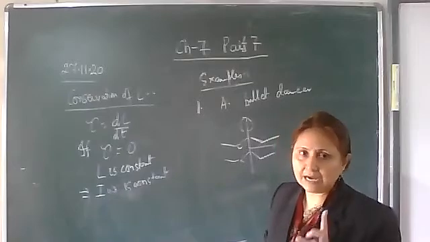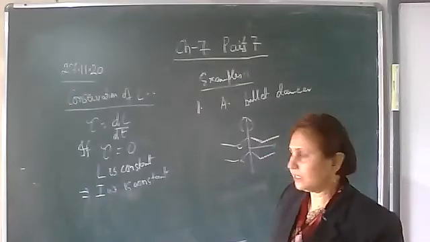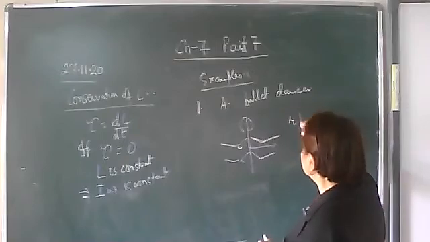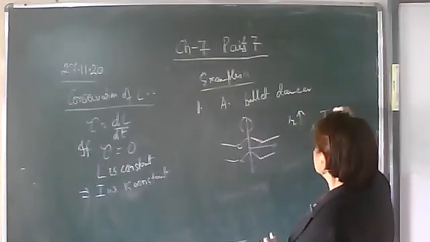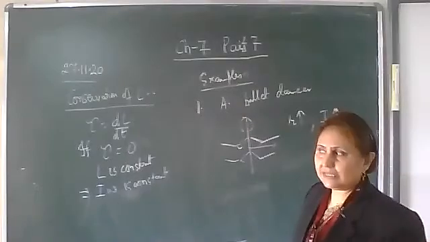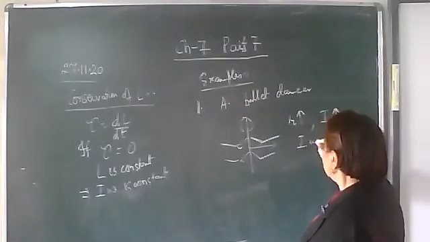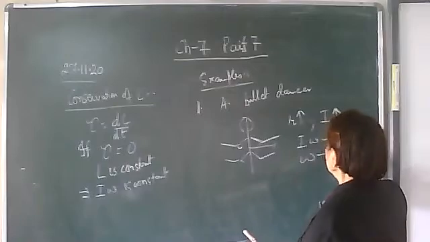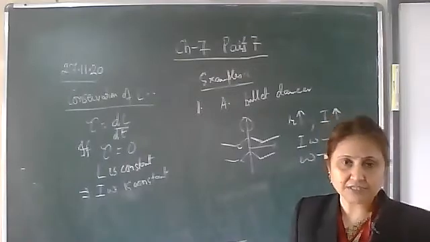So the moment of inertia, I equals summation of m r square, increases. As r increases, moment of inertia increases, and no external torque is acting on it, that is, I omega is constant. So their angular velocity decreases.